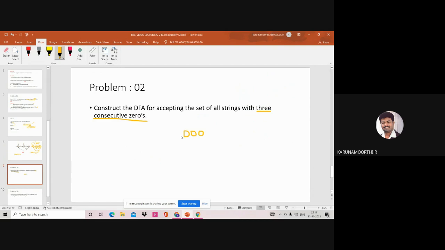First of all, we calculate the length of the substring. Here the substring is 000. What is the length of this string? 3. Additionally, you have to add 1. So total 4. So let us draw the diagram here.